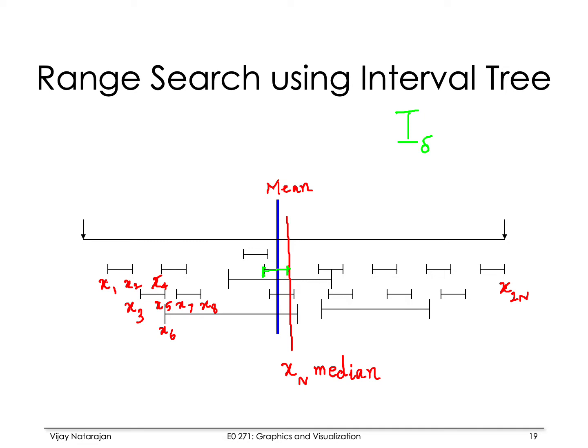So this interval, and then you have another interval here, a second, you have a third interval here, and then you have a fourth interval. These are the 4 intervals that belong to I sub delta. Now, the tree partitions the other intervals into I sub left and I sub right.